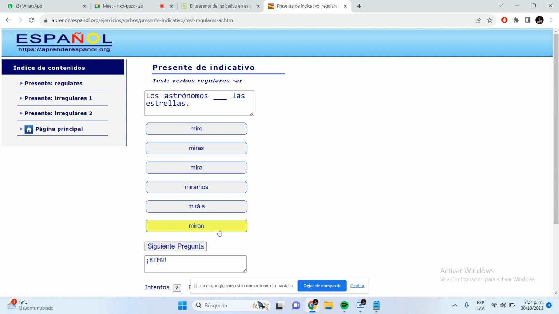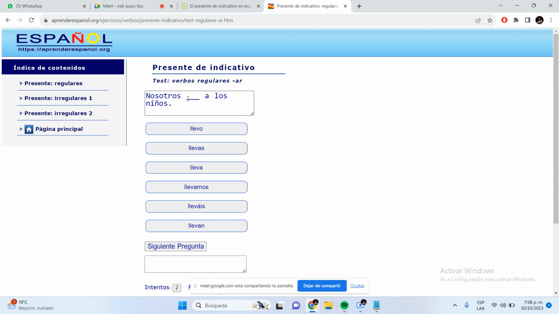So it would be AN: Los astrónomos miran las estrellas. All of the verbs we're going to use in this exercise are the ones that end with AR. We're just going to do the ARs, and then if we have time, the other ones.